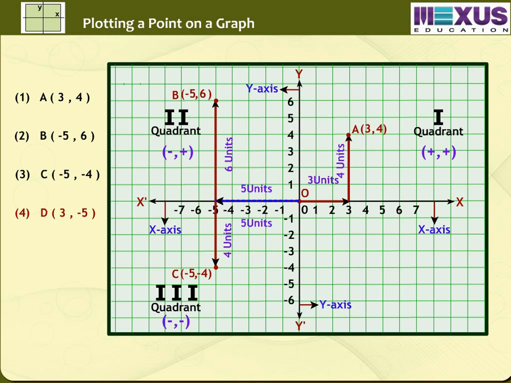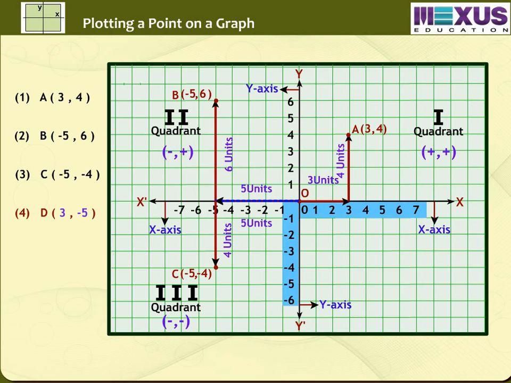4. To plot the point D(3, -5), here the x-coordinate of the point D is 3, which is positive, so it lies on OX, and the y-coordinate of D is -5, which is negative, so it lies on OY'.